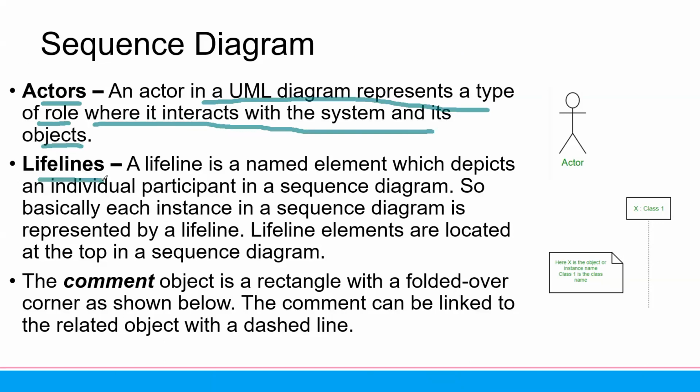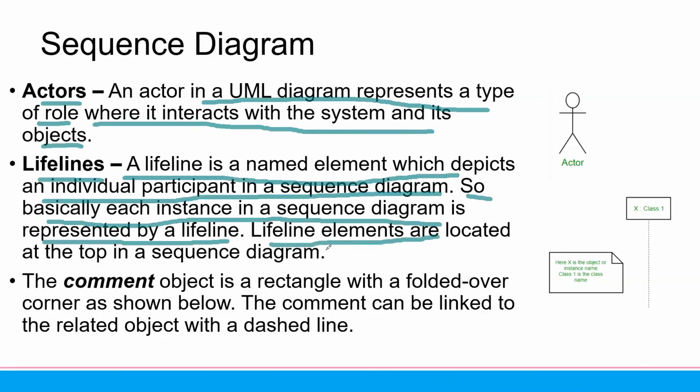We can also see lifelines. A lifeline is a named element which depicts an individual participant in the sequence diagram. Basically, each instance in the sequence diagram is represented by a lifeline. Lifeline elements are located at the top in the sequence diagram. So here is a lifeline, and usually there is a line representing the position where this lifeline will work.